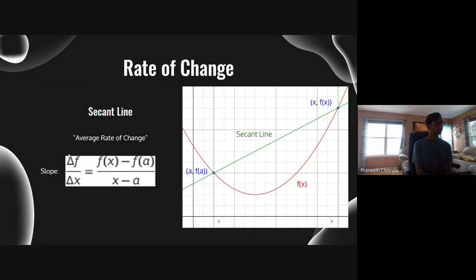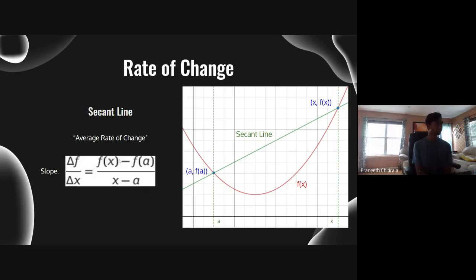And since we're going to talk about f of x here, we can just say that the slope of the secant line is the change in f, delta f. Delta just means the change in. So the change in f over the change in x, otherwise known as delta f over delta x, equals f of x minus f of a over x minus a.